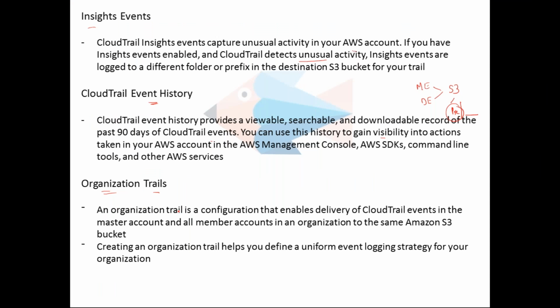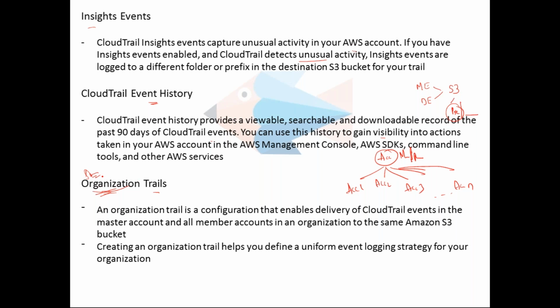Organization trails. So very simple. So what is an organization, which we have already discussed in the IAM topic? So if you have multiple accounts, account N, and now you want to manage all the accounts, what you can do is go for an organization where you have a single account. It's basically called a master or parent account, and these will be the child accounts.